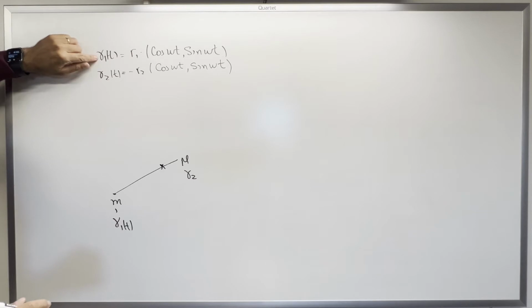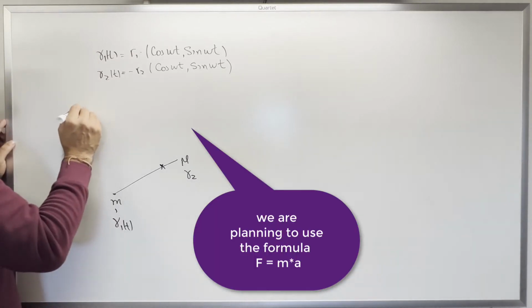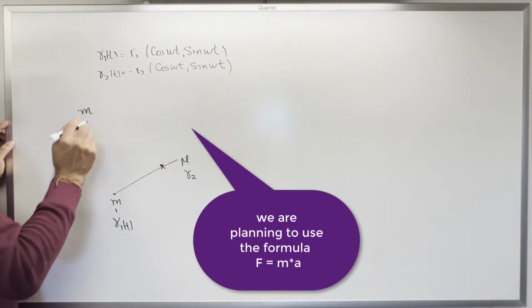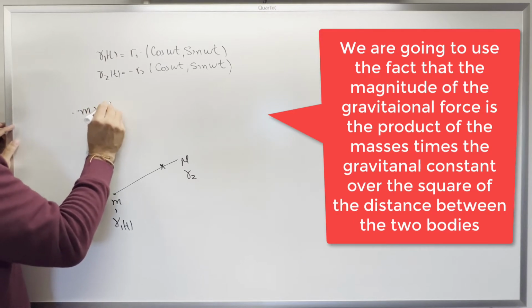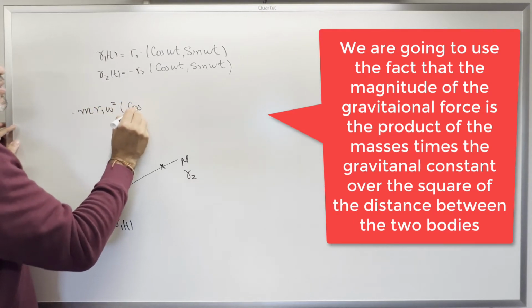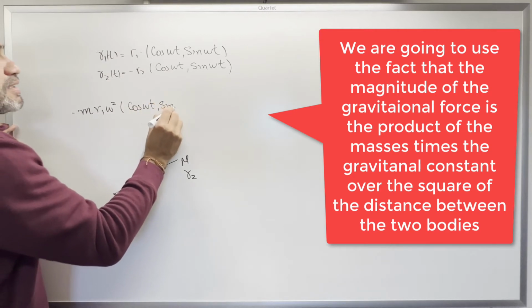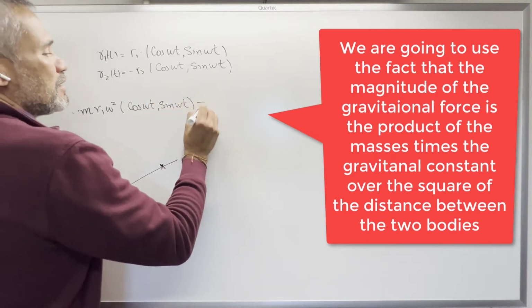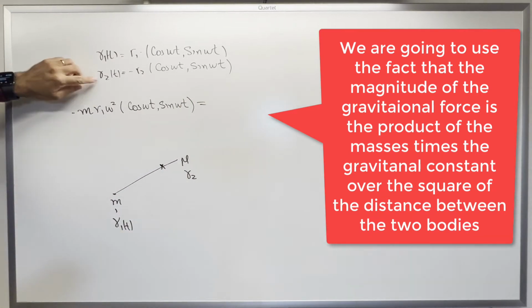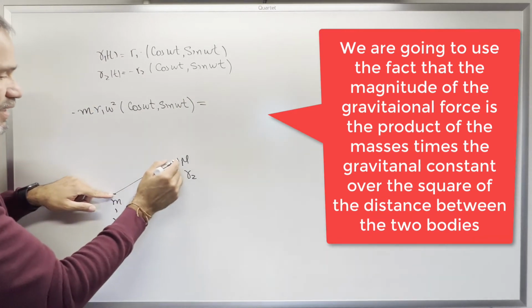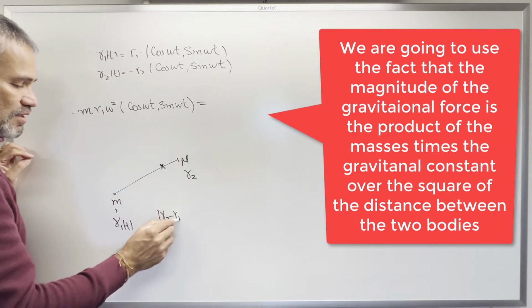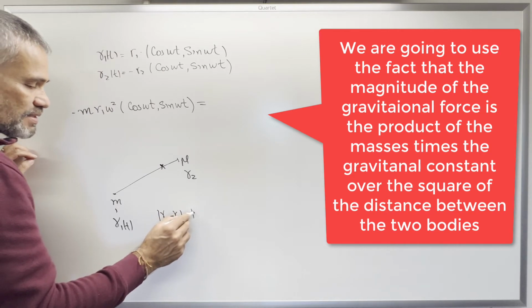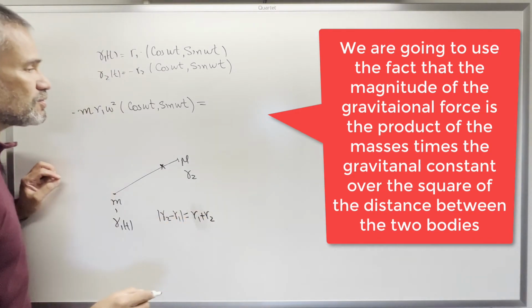Then when we compute the second derivative to use Newton's second law, we get mass m times the acceleration, which is just negative r1 omega squared cosine of omega t, sine of omega t, equal to, in this particular case, the distance between the two bodies, which is just gamma 2 minus gamma 1, is always the same, r1 plus r2.